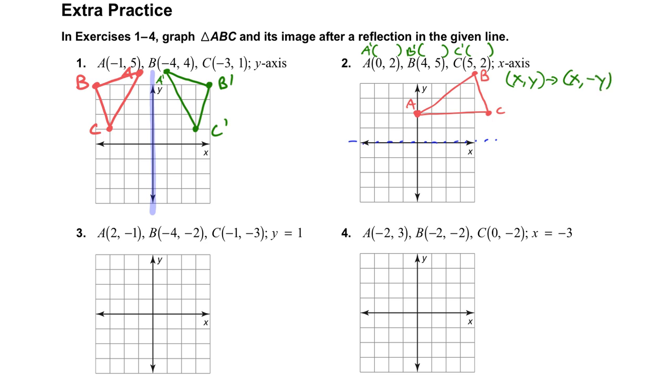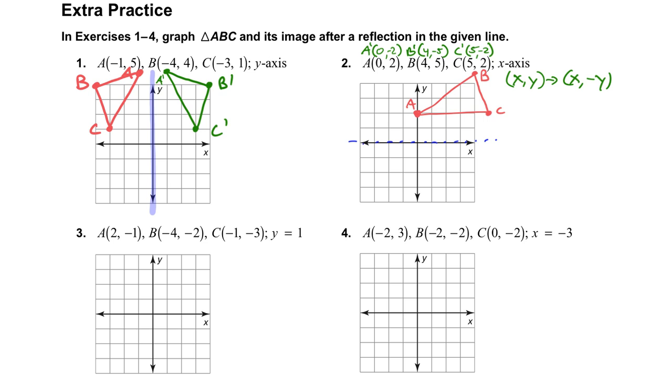So if I look up here with my points, I know all my x values, the 0, the 4, and the 5 will stay the same, but my y values need to change to its opposite. So 2 becomes -2, 5 becomes -5, and the other 2 becomes -2. Now I can just plot those points.